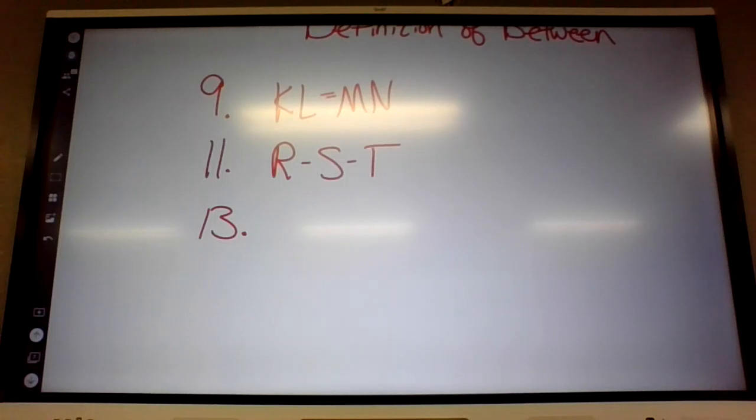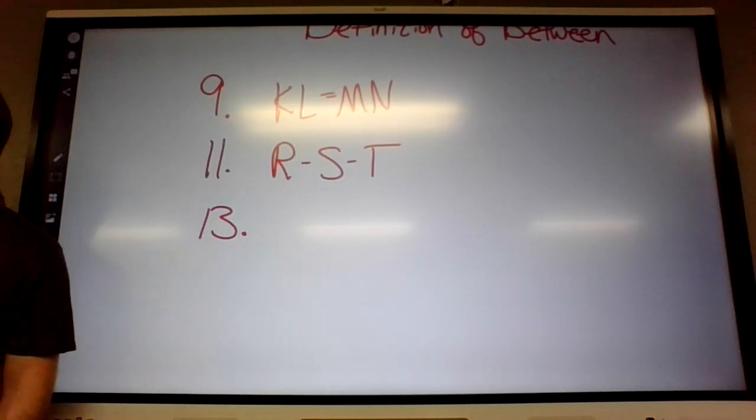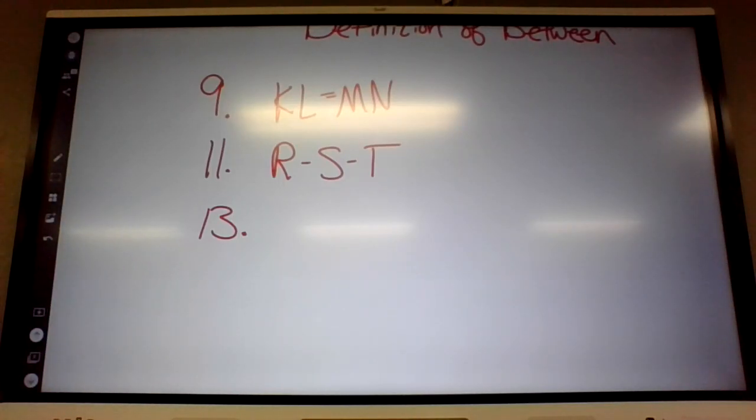Okay, 13. They're kind of repeating themselves. We're just doing the same steps over here. If segment AB is congruent to segment CD, and segment CD is congruent to segment EF, then what can we conclude by the transitive property?